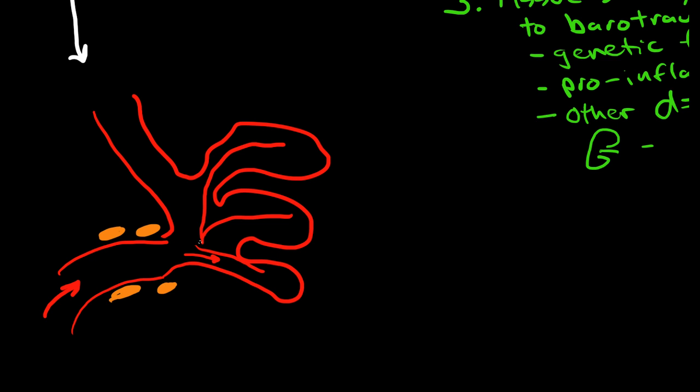So by decreasing flow, the afferent arterioles are making an effort to decrease pressure. Now, interestingly enough, on the efferent side, we're having vasodilation. And this usually works quite well.